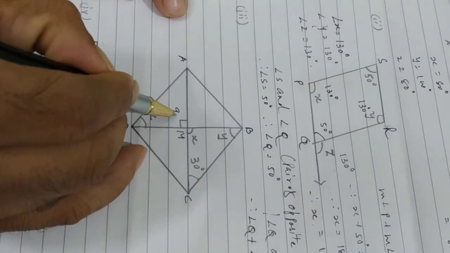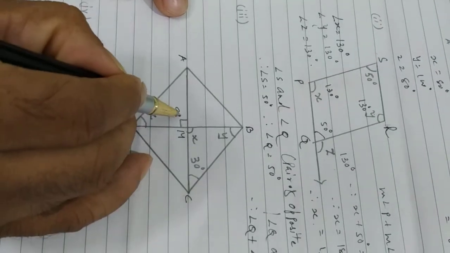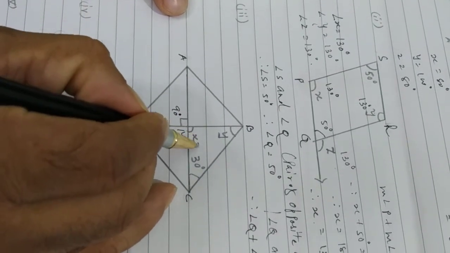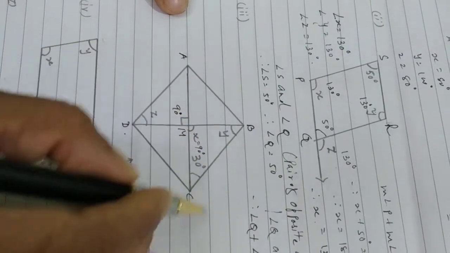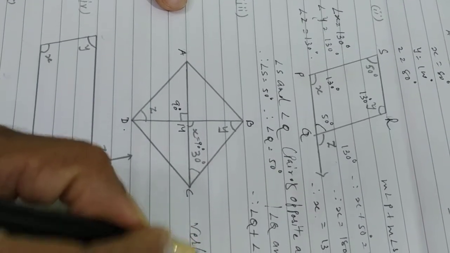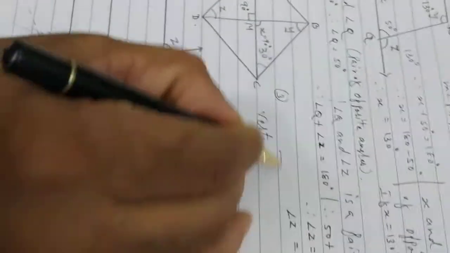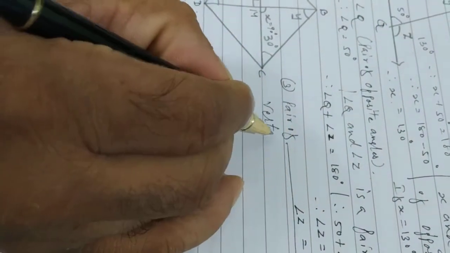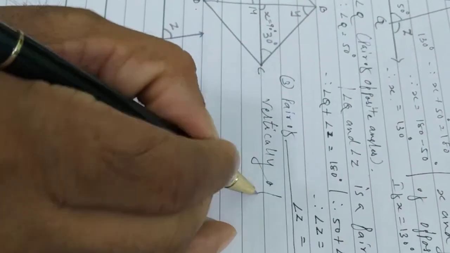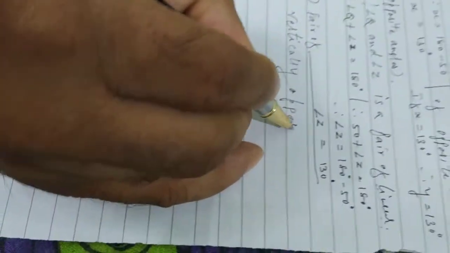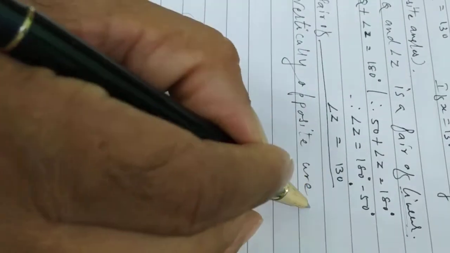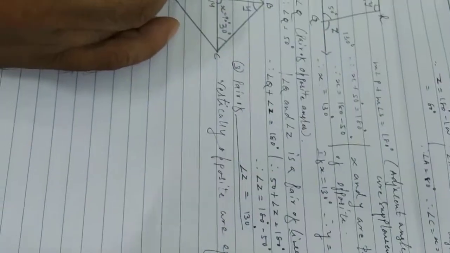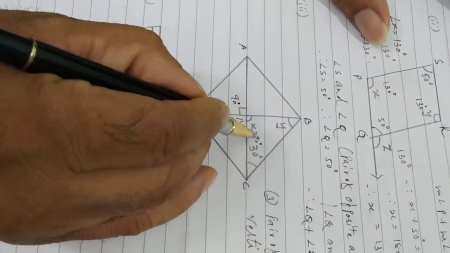Angle M is equal to how many degrees? 90 degrees. And vertically opposite angles are equal. So x is equal to how many degrees? 90 degrees, right? Because a pair of vertically opposite angles are equal.